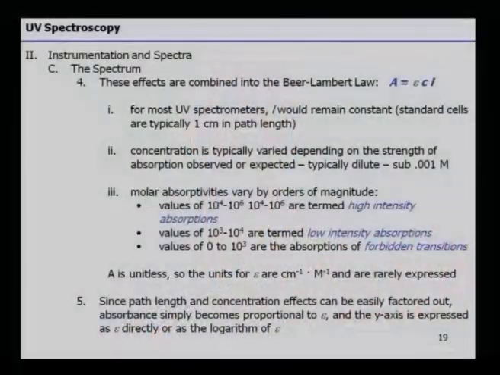We just write molar absorptivity and then the number. Since path length and concentration effects can be easily factored out, absorbance simply becomes proportional to molar absorptivity, and the y axis is expressed as epsilon directly or as the logarithm of epsilon.